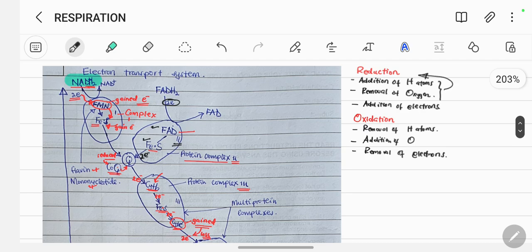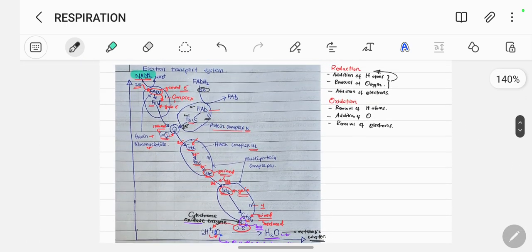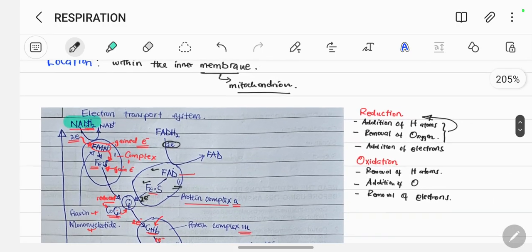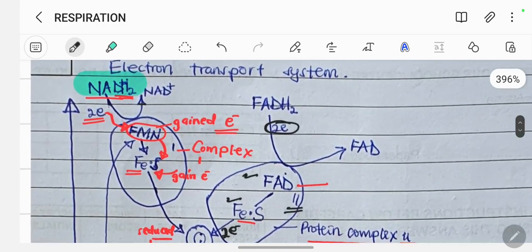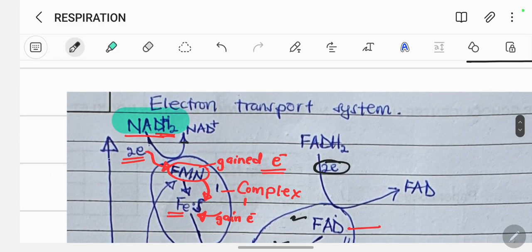Now, I made this in this kind of slanting form. Why? Because electrons that are carried by NAD are going to be electrons of higher energy, at higher energy levels.